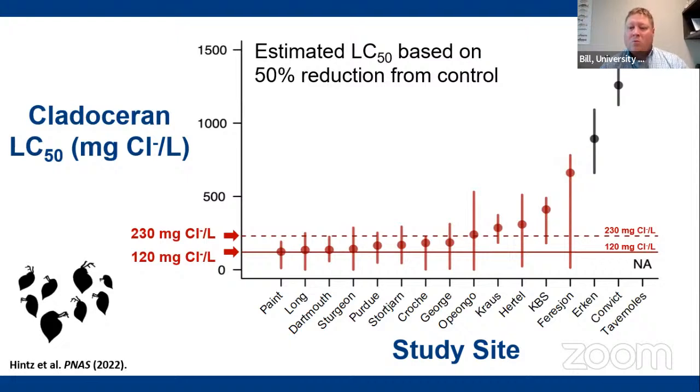Anything that's red, its dot or its confidence interval overlaps with those threshold concentrations, indicating that already at those concentrations, 50% of the biomass was lost. That's a substantial reduction, and it indicates that once we reach these threshold concentrations in many lake ecosystems, we're already losing quite a few organisms, and I would argue important organisms at that.